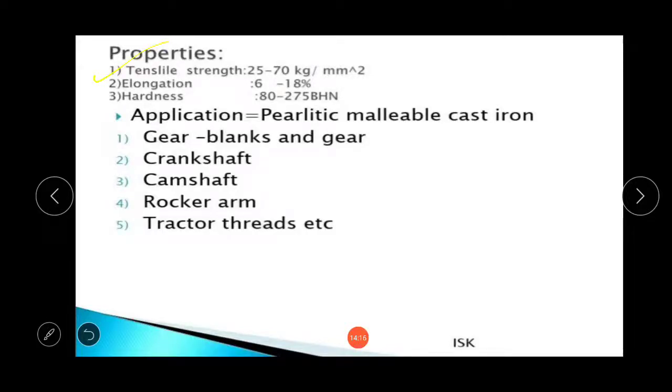The elongation of the malleable cast iron is 6 to 18 percent, hardness 80 to 275 BHN. Next, the applications of pearlitic malleable cast iron are gear blanks and gear.